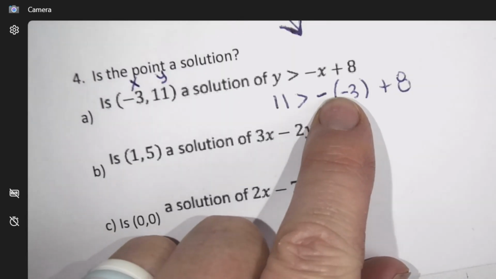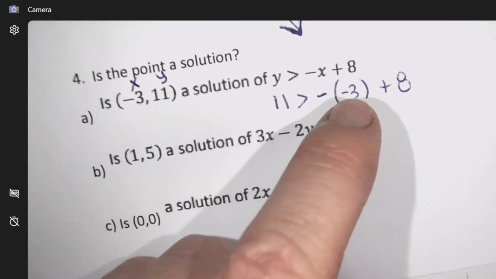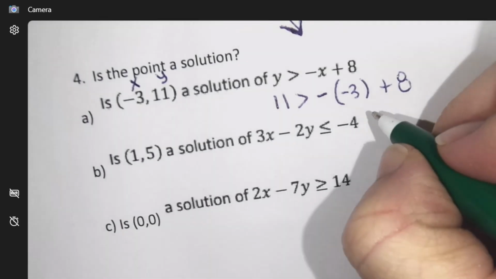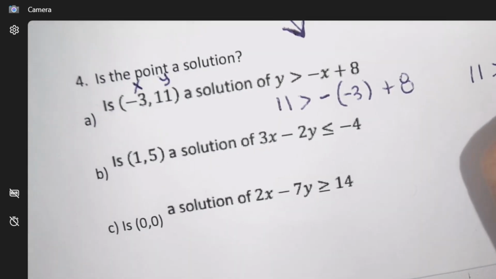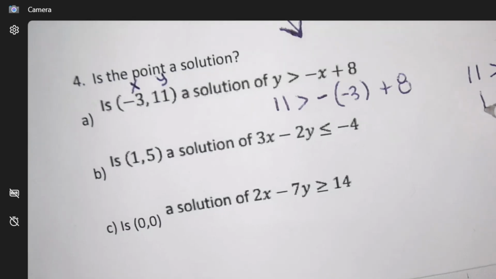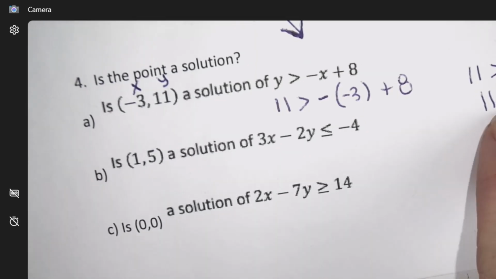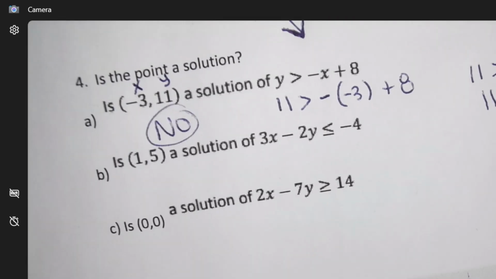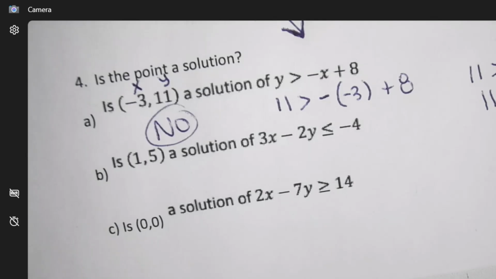Because you're going to have to do what's the negative of negative 3. So what is the negative of negative 3? So negative of negative 3 is positive 3. Okay, what do you want to answer here? Yes or no? Is 11 greater than 11? No, 11 is not greater than 11.